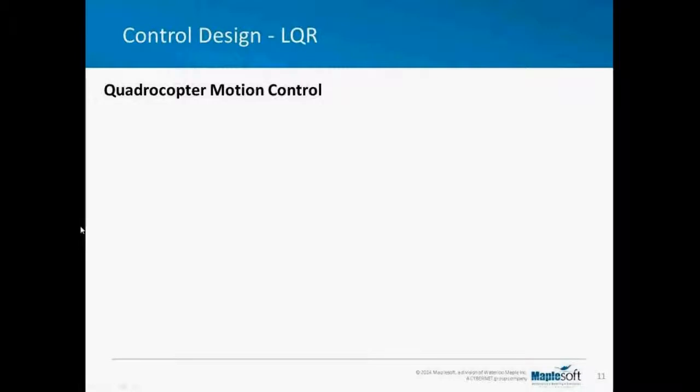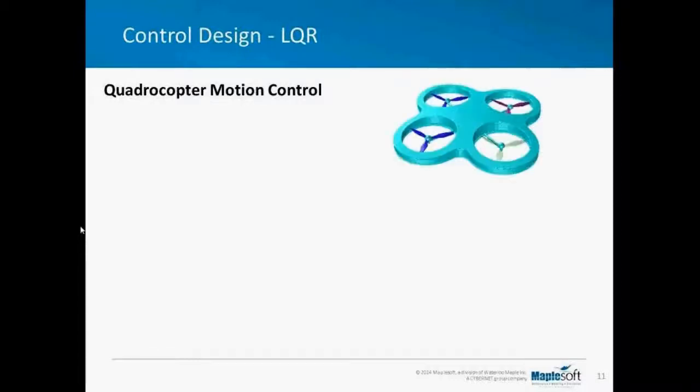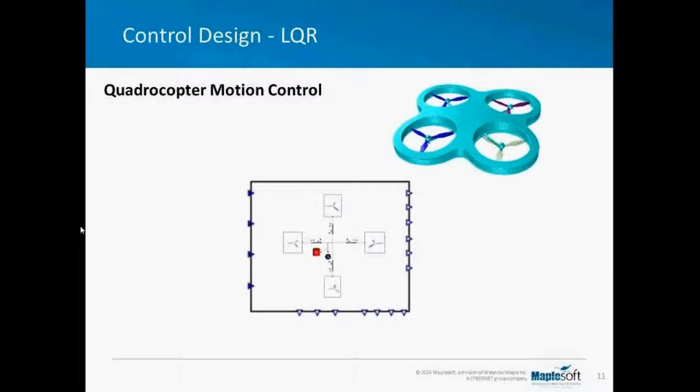Beyond these tools that I've shown in the product, there's also an extensive command library for control design. In this example, I'm showing quadrocopter motion control. We're designing an LQR controller in this case. So this is the system. We have our main body, the 4 rotors.